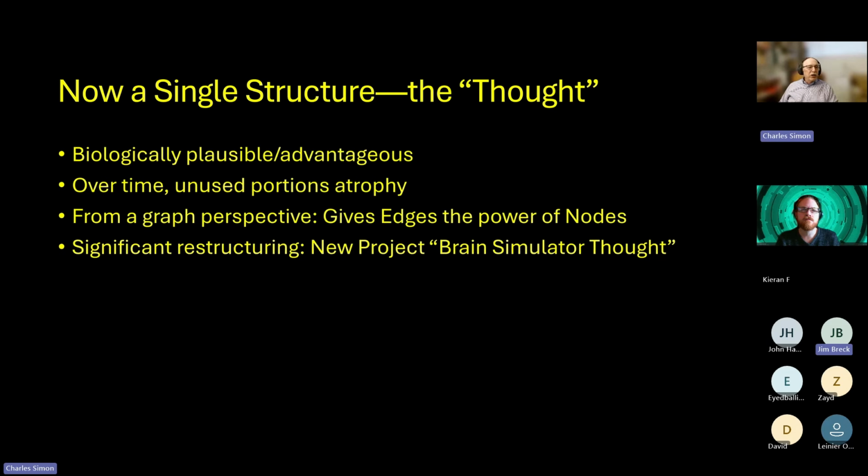If we think about an atomic thought, what is the absolute minimum piece of thought you can have? When you stop to think about it, from a biological perspective, it would be a lot nicer if you only had to have one structure.